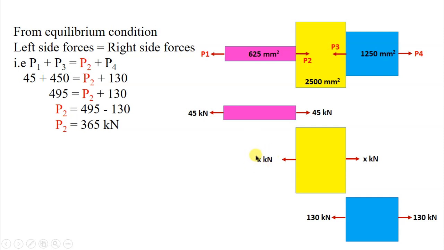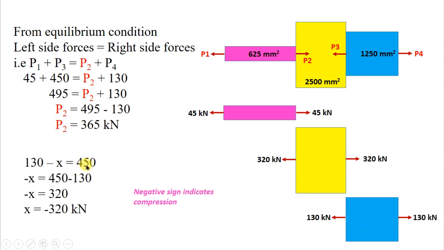As I explained already in the previous problem, the difference between 130 kilonewton and x kilonewton should be equal to the value of P3, which is the load at this particular junction. So 130 minus X gives you 450 kilonewton because P3 is 450. Solving for this, we get X is equal to minus 320 kilonewton.